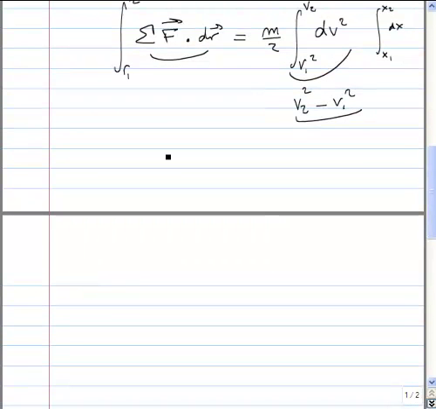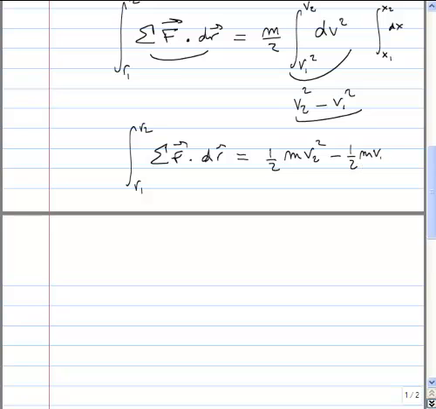So we can rewrite our result as 1/2 m v2 squared minus 1/2 m v1 squared, and we will define this quantity as the work, the work done between position 1 and position 2.